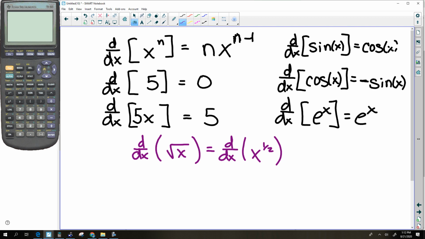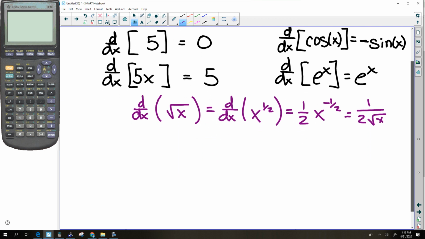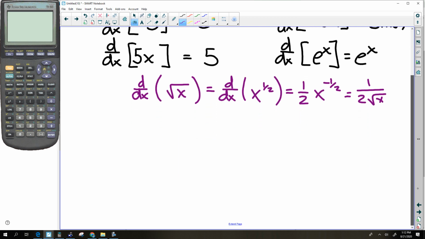And you can think of it in a simpler fashion. Now that's just a power rule question. So the exponent drops down, and then you subtract 1. All right? So that would be 1 over 2 square root x. A lot of times those are the questions.